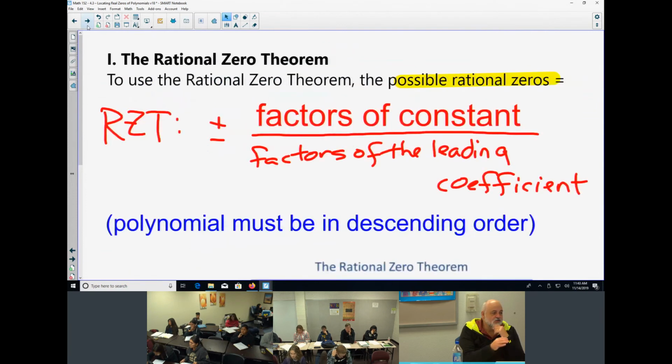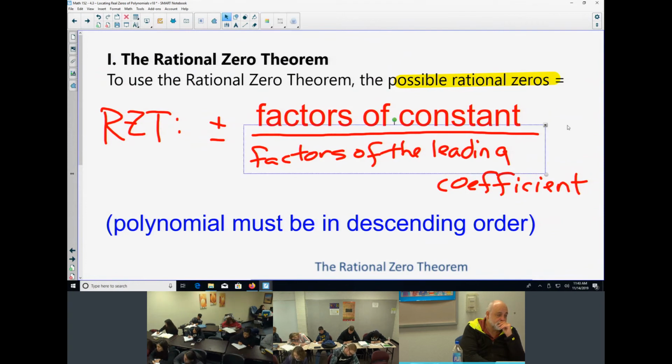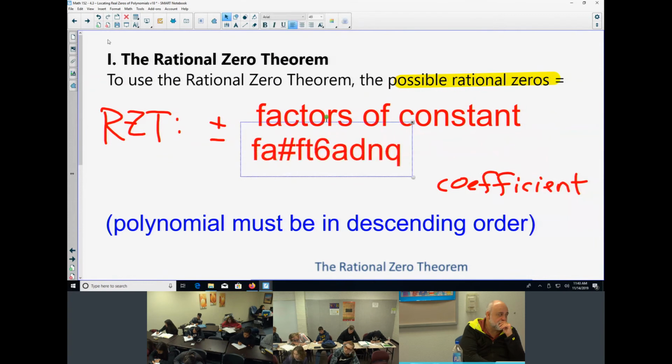So first of all, the rational zero theorem. To use the rational zero theorem, the possible rational zeros are plus or minus the factors of the constant divided by the factors of the leading coefficient.